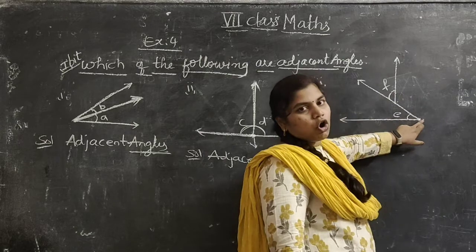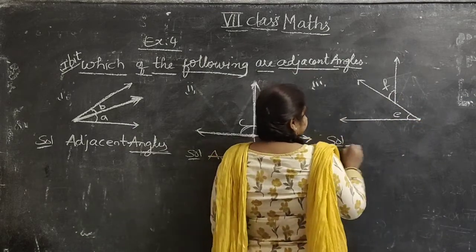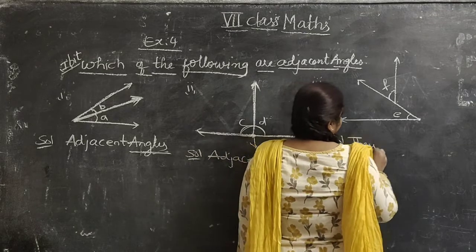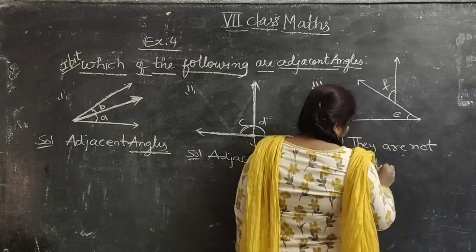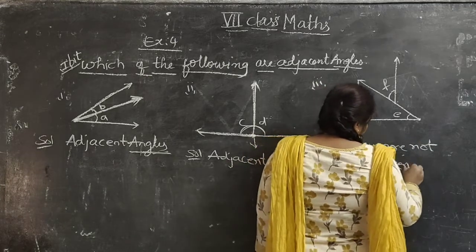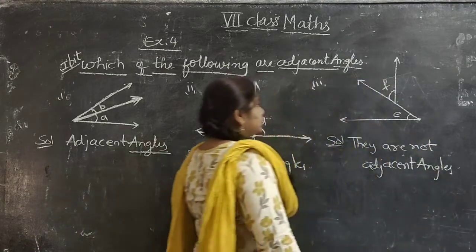It does not have a common vertex. So they are not adjacent angles. So this is our first bit.